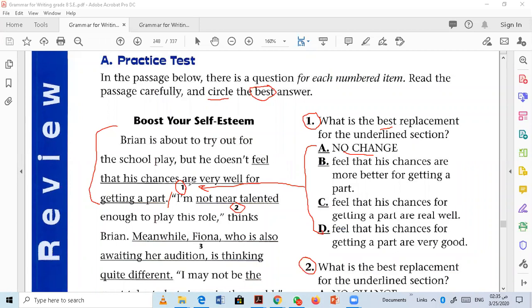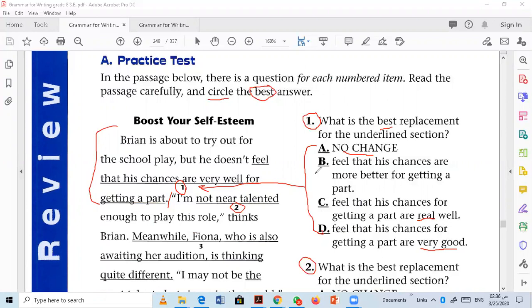B, feel that his chances are more better for getting a part. C, feel that his chances for getting a part are real well. D, feel that his chances for getting a part are very good. See the differences. Compare the differences between these choices and the underlined part in sentence number 1.